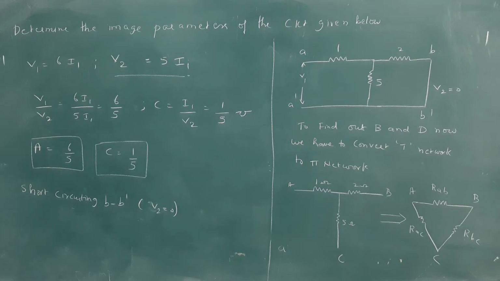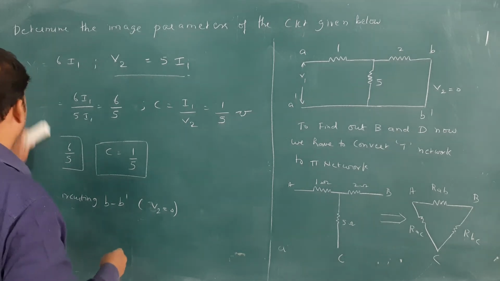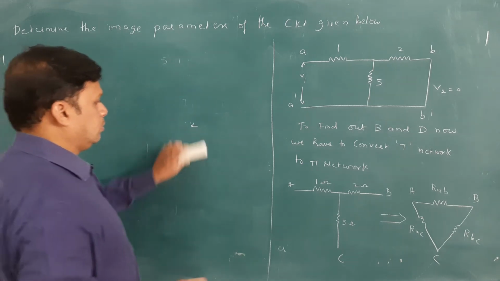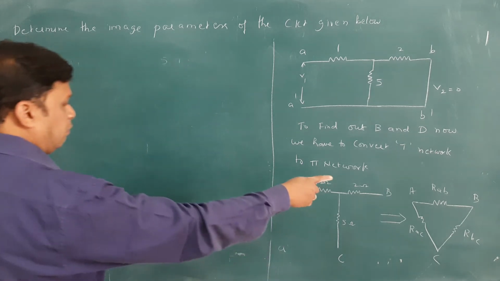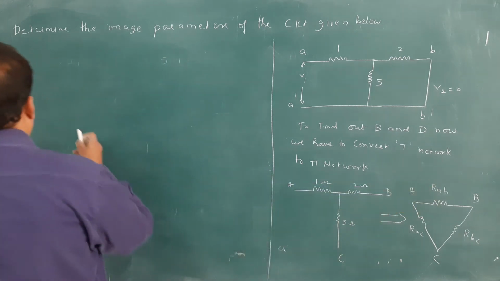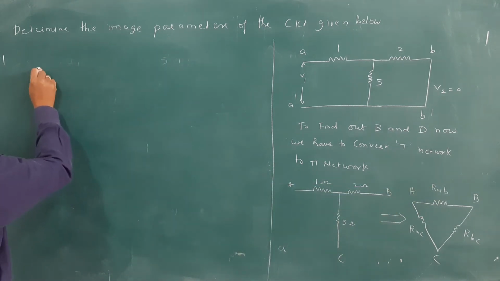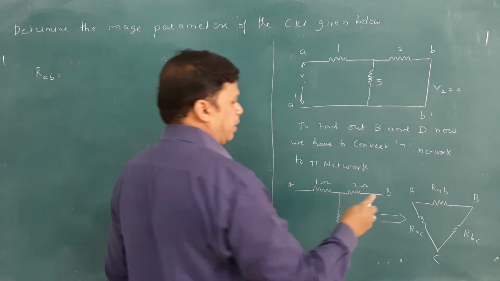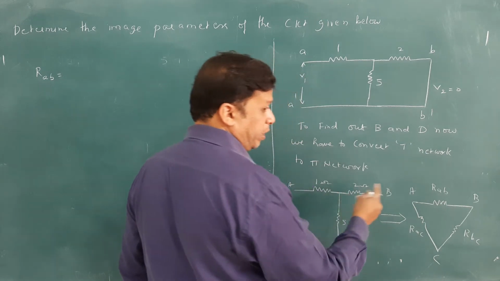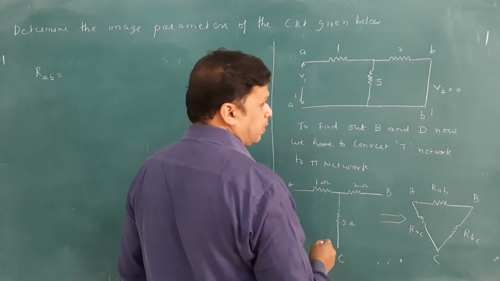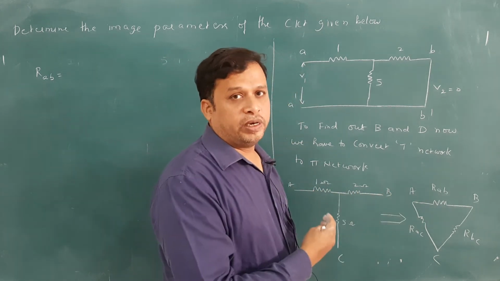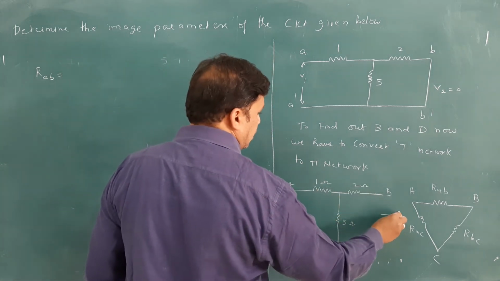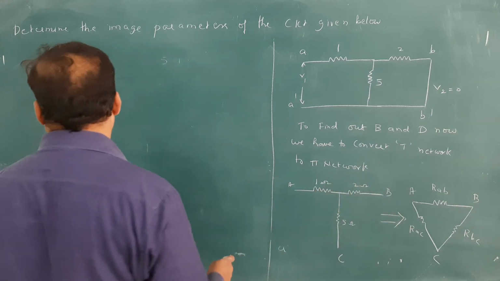So, first RAB. This is star to delta actually, or star to pi, T to pi, all the same thing. We will find the value of RAB.